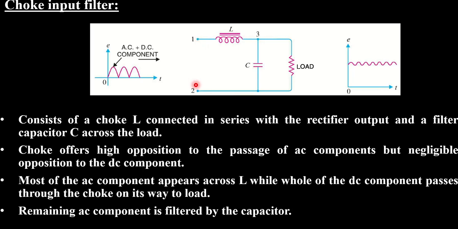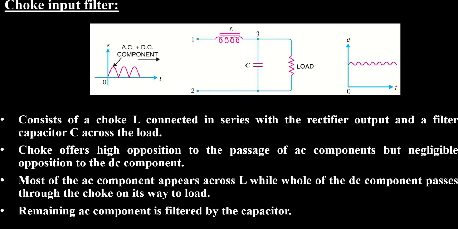The terminals 1 and 2 represent the rectifier output, which is connected in series with the inductor or choke coil having the inductance L, and then is connected across the capacitor C, which is in parallel with the load resistance. So the difference between this choke input filter and the capacitor filter is that an additional choke is used, which is connected in series with the rectifier output.